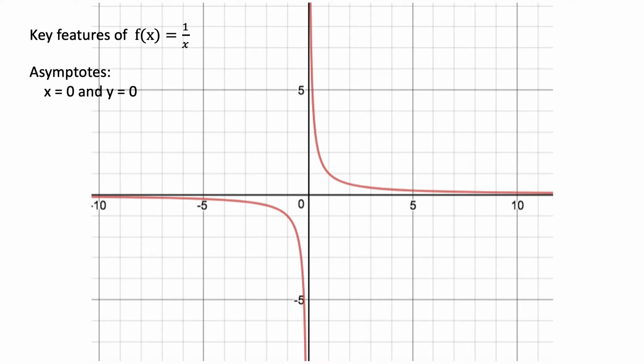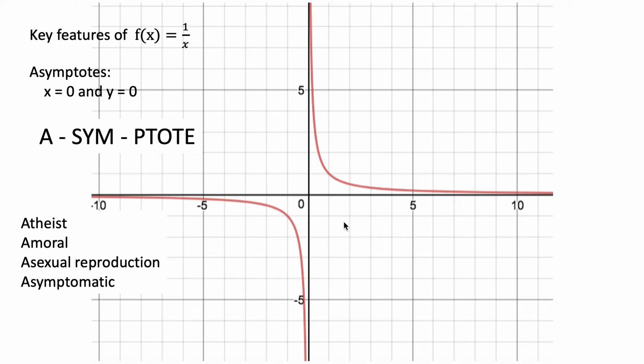Asymptote comes from three Greek parts of words. A, just like in atheist, amoral, asexual and asymptomatic, means not. Atheists believe there is not a God. Asymptomatic means you do not have symptoms. So A is not.